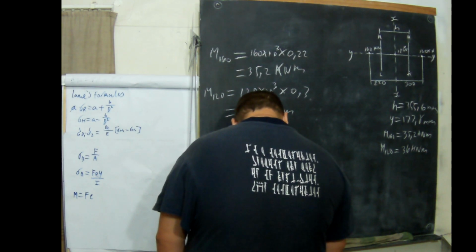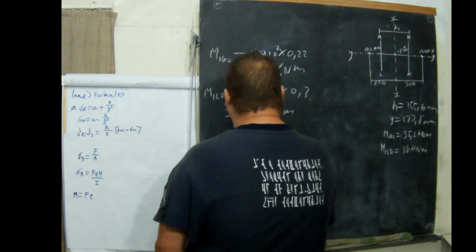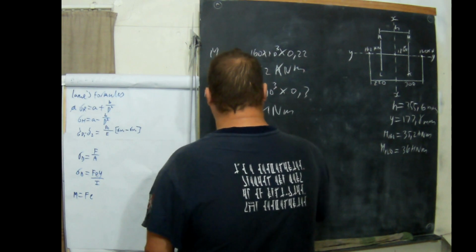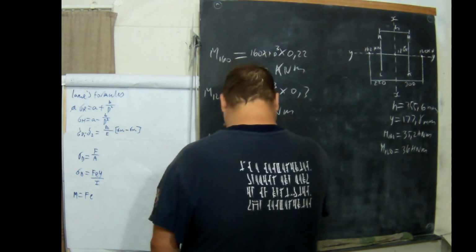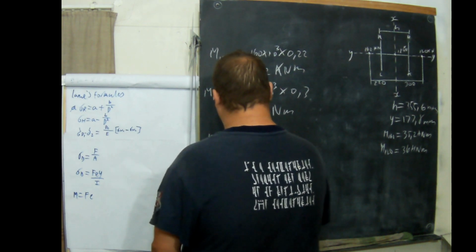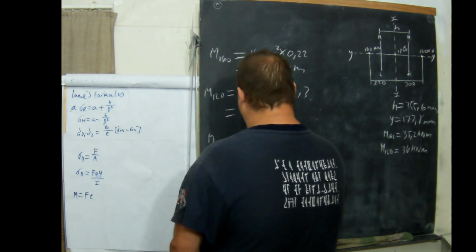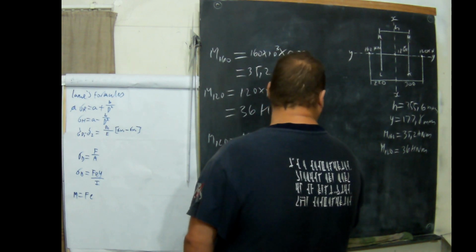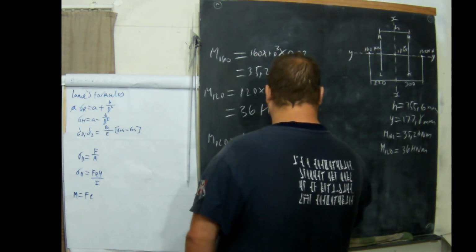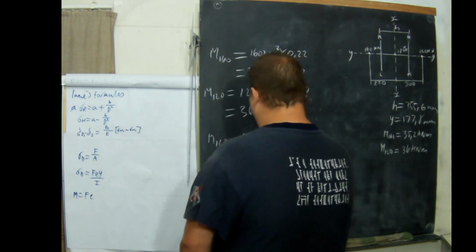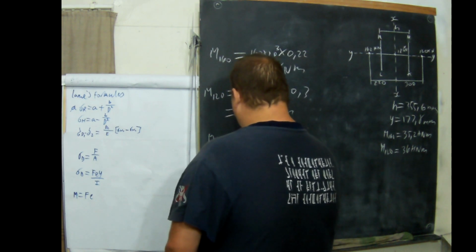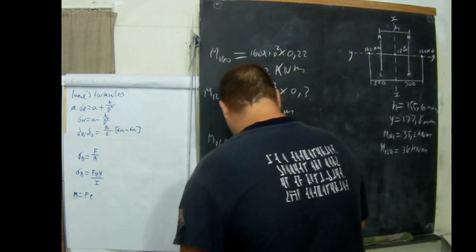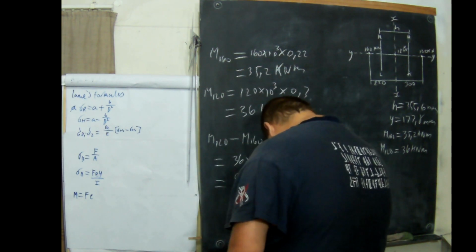So the resultant would be M at 120 minus M at 160, which equals 36 times 10 to the 3 minus 35,2 times 10 to the 3, equals 800 Newton meters.